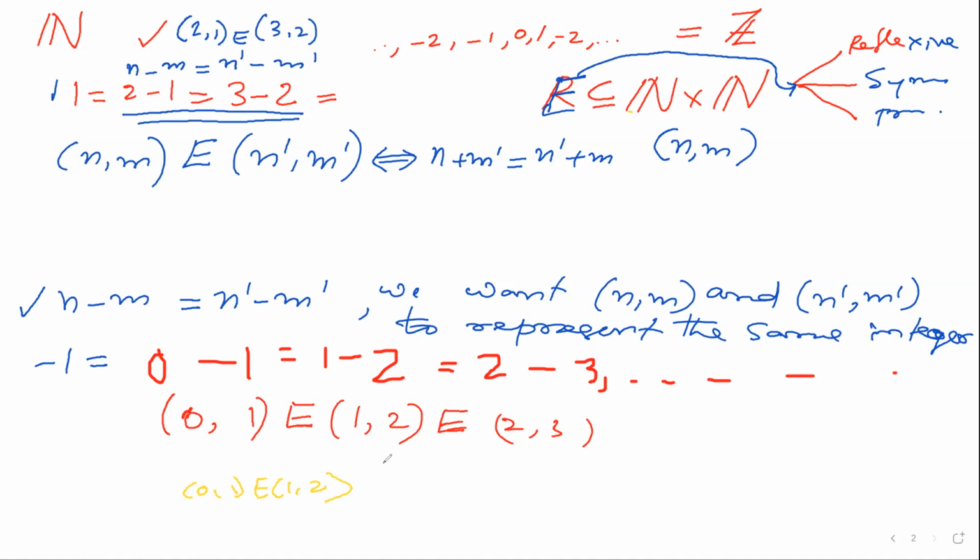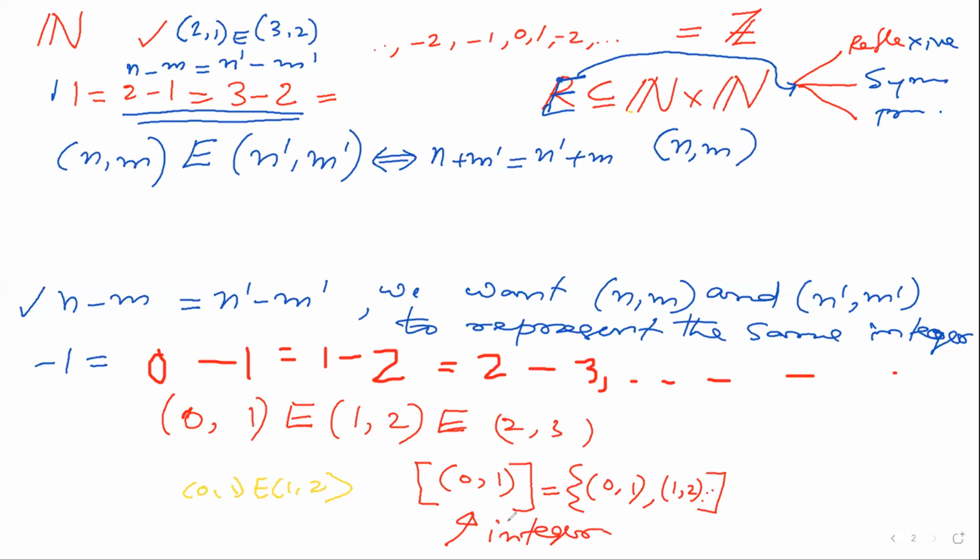This means that all of these are in the same equivalence class. So if you take any one of them, that set is really the set of all these. So that way we can identify all of these things with any one of them. So that is what I call now an integer.